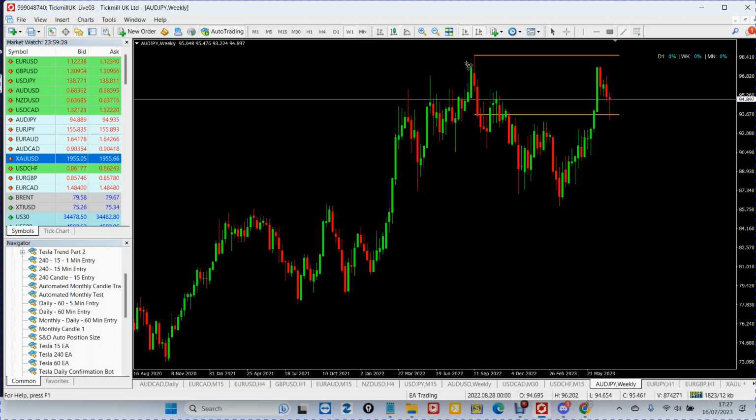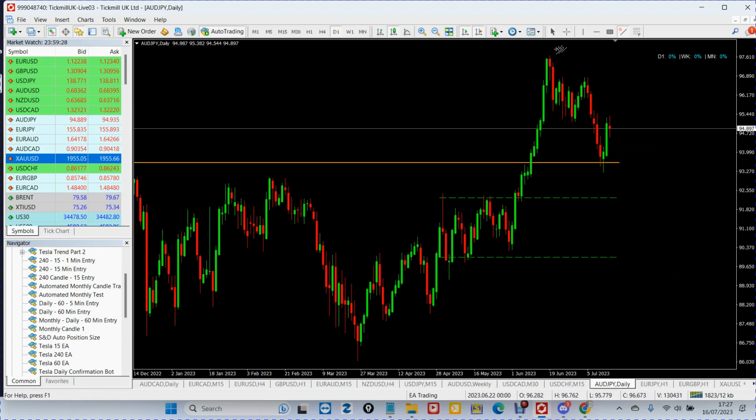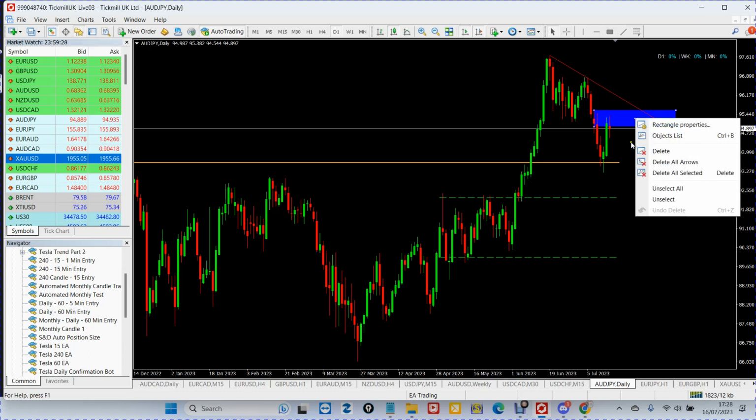Having said that, the weekly has taken this out, and we've got a flip zone here. Very scrappy. The daily's got an ABE at the reversal area, and we've got a drop base drop, but it's too early for me to trade that. So I'd be looking up here, but it's not going to be in line. So yeah, I can't see anything decent. Price might just turn from here.